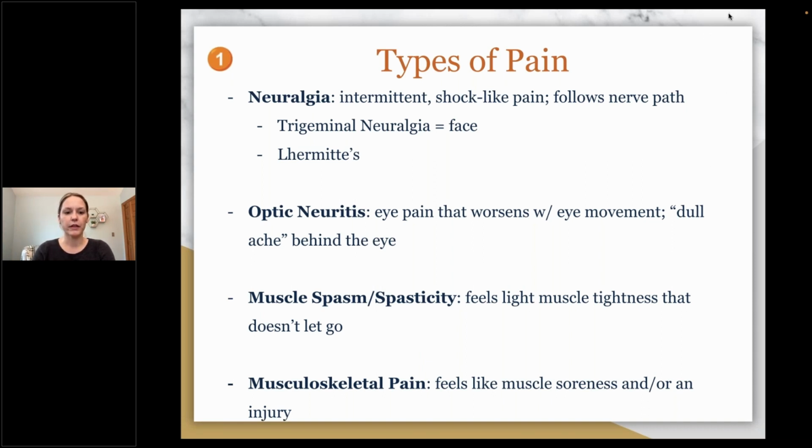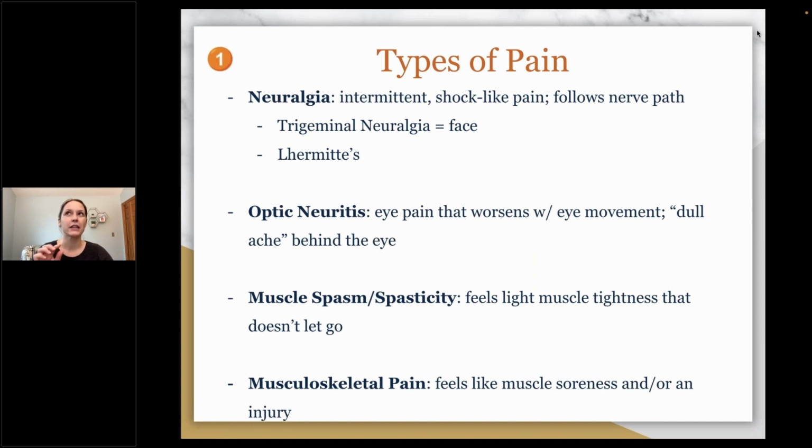Okay, and then the next two actually are what I would consider more orthopedic pain. So orthopedic pain is when you have pain from an orthopedic reason, and basically that just means it's not necessarily MS related. It is related to muscle and or bone. So a muscle spasm or spasticity feels like tight muscles.